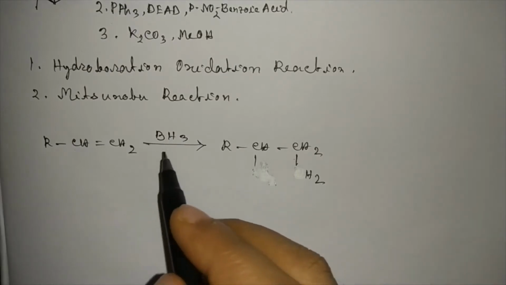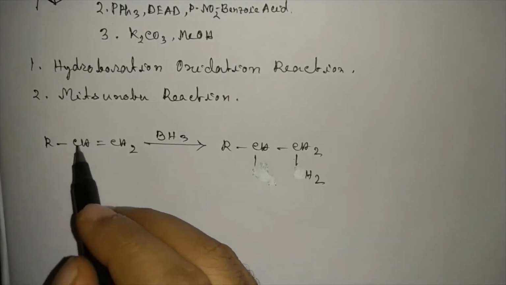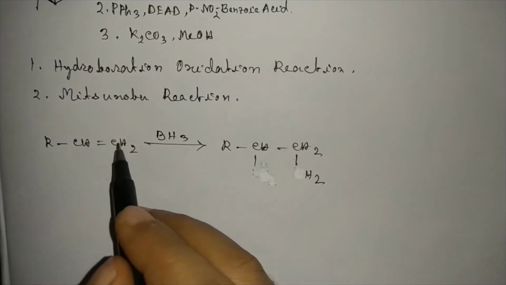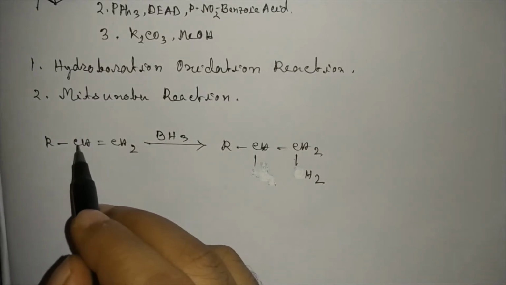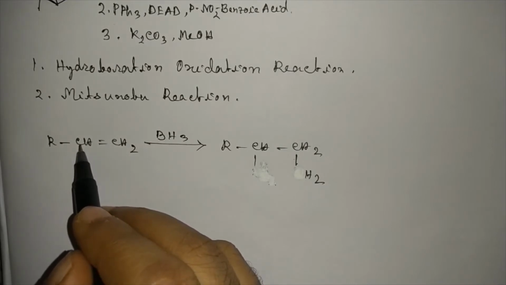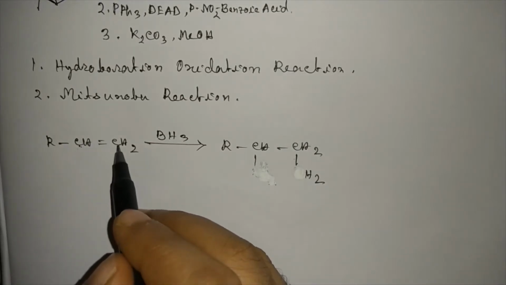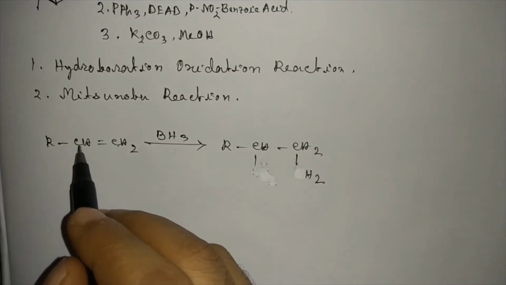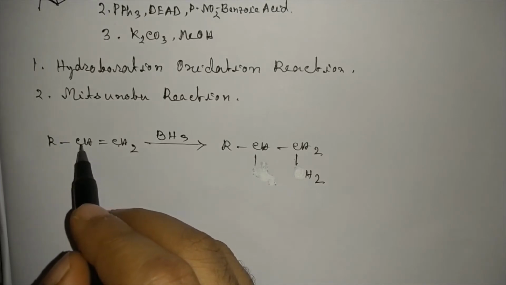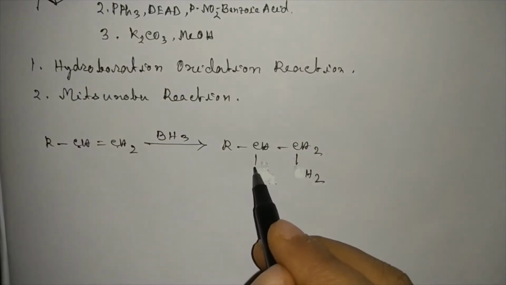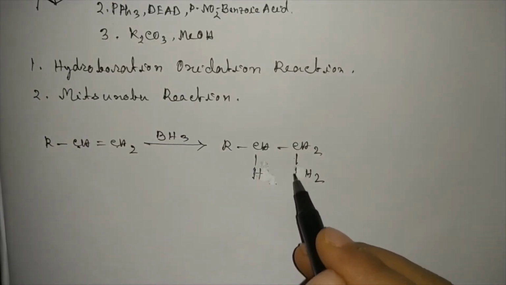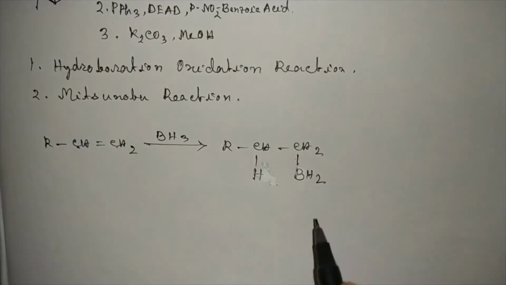Hydrogen will add to the more hindered side; between these two carbons, one R group is there, so this carbon is more hindered and this carbon is less hindered. So hydrogen will add to the more hindered carbon, and BH2 will add to the less hindered carbon. So here there will be a hydrogen, and here there will be BH2.